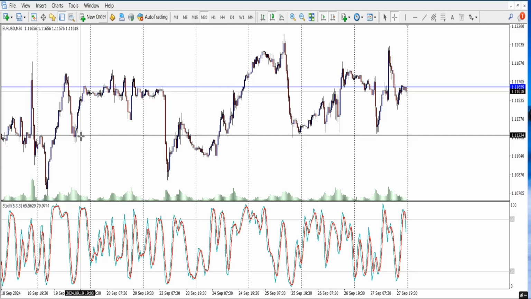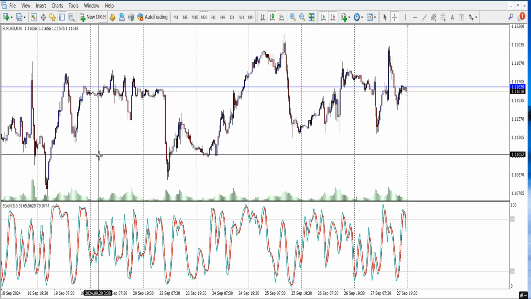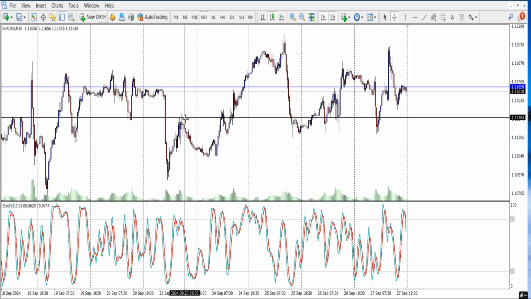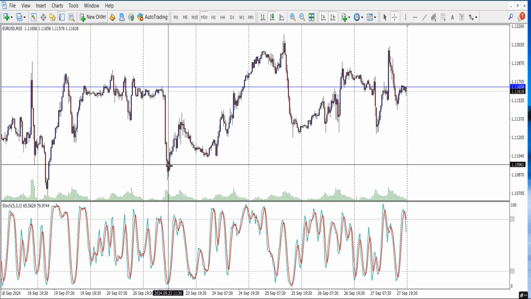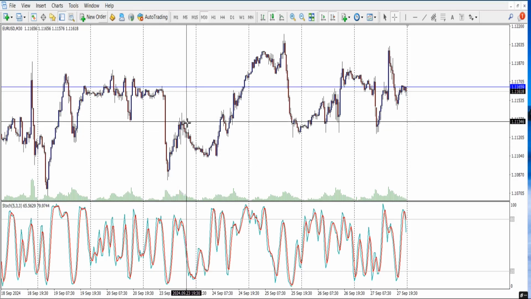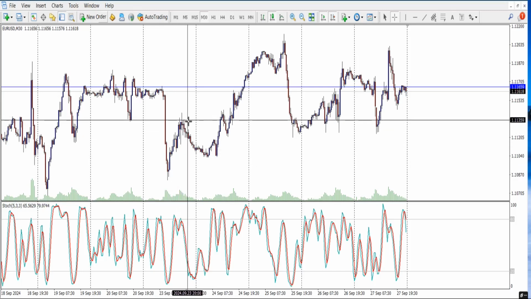For a buy trade, we can decide to set our take profit around the nearest resistance zone. If we had entered a buy trade around here, perhaps we would have set a take profit here. If we are using resistance to determine our exit, we could have exited the trade around here.